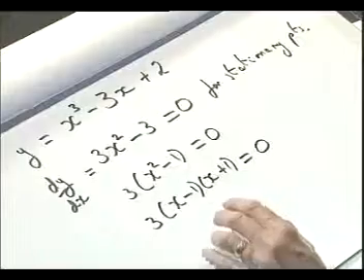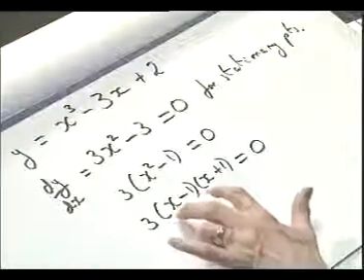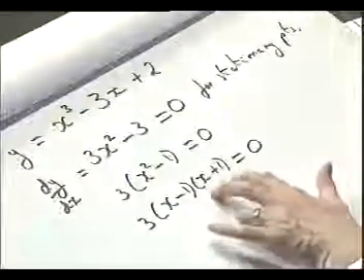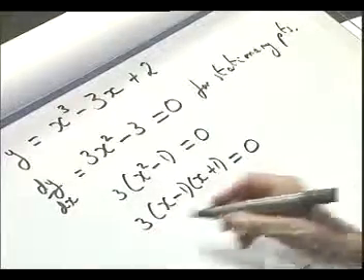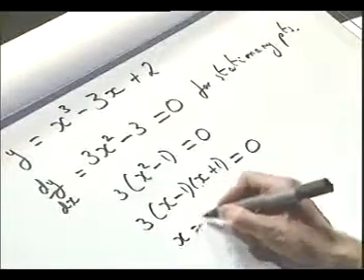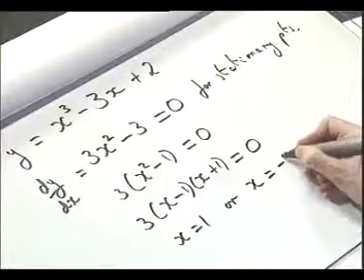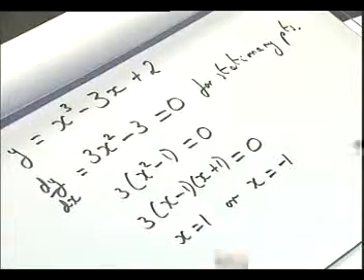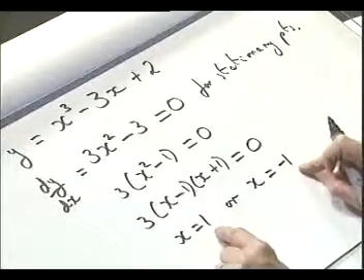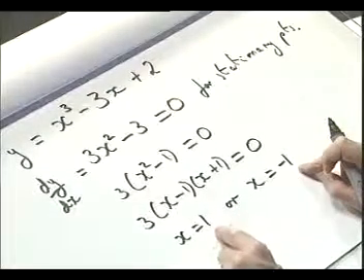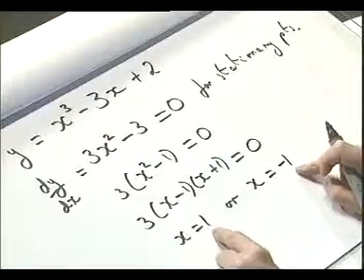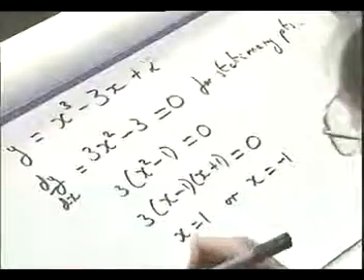And now what we can see is that either this bracket is 0 or this bracket is 0, or they're both 0. So we have x equals 1 or x equals minus 1. Now this has just given us the x-coordinates of the points that we're interested in. What we need now are the y-coordinates, and so let's work those out.